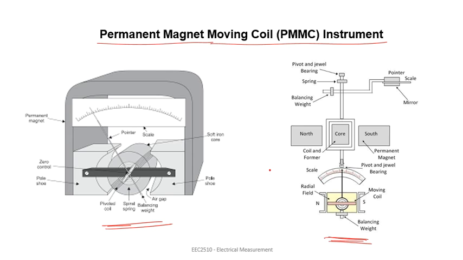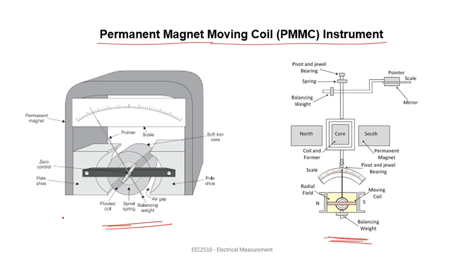The current in the coil of the PMMC instrument must flow in one particular direction to cause the pointer to move positively from the zero position over the scale. When the current is reversed, the interaction of the magnetic flux from the coil with that of the permanent magnet causes the coil to rotate in the opposite direction, and the pointer is deflected to the left of zero.